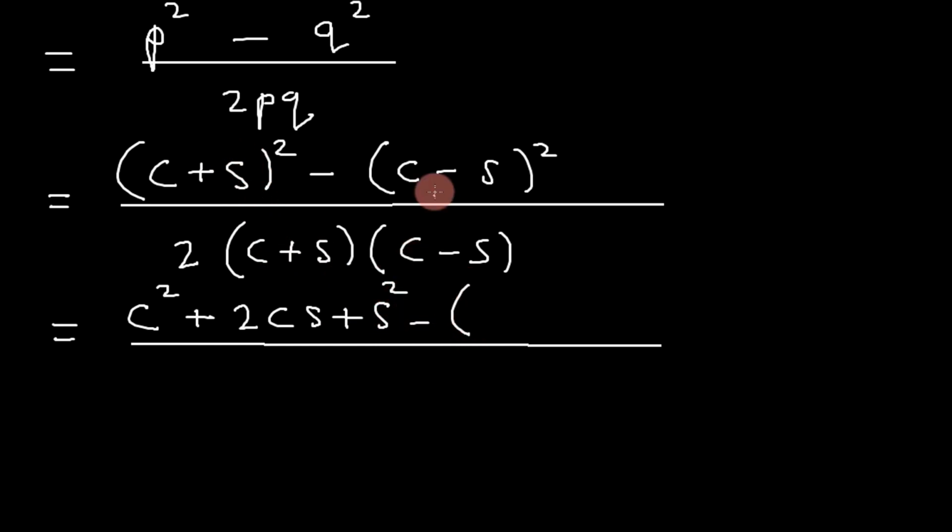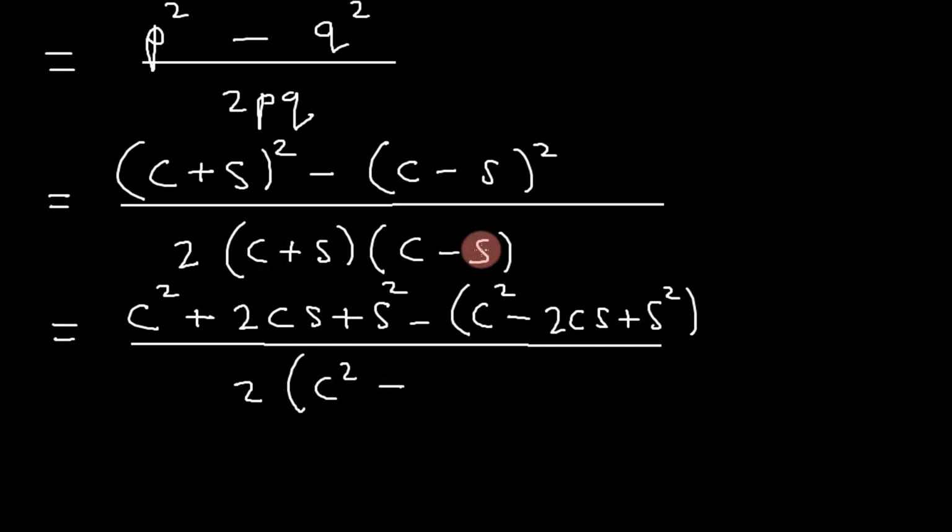Then we keep brackets when we square out the second set of brackets here because of the minus in front. So then it's a first term squared, the sign, the first term times the second term times 2, so 2CS, plus the second term squared. Then in the denominator we have a difference of squares. So it's simply the first term squared, so C squared, minus the second term squared.